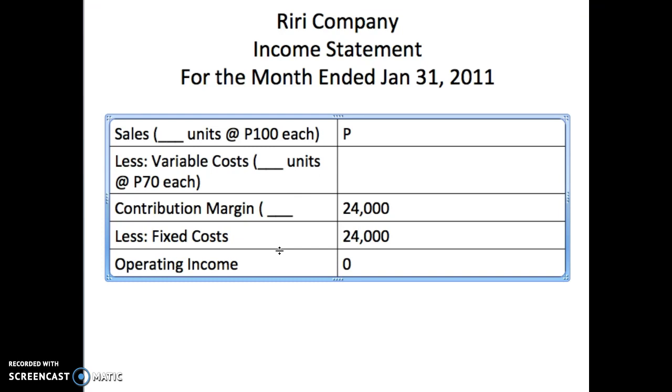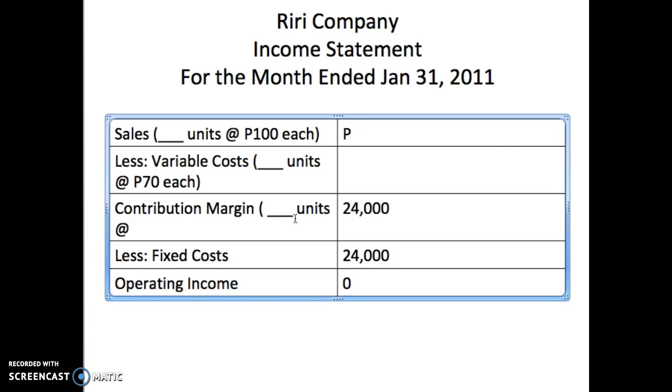And what we can actually do is restructure the income statement. So if, say, a certain number of items were sold, then the number of units will be the same. So sales, the number of units here, number of units here, and number of units here will be the same, but we don't know it yet. And then it's at blank each.